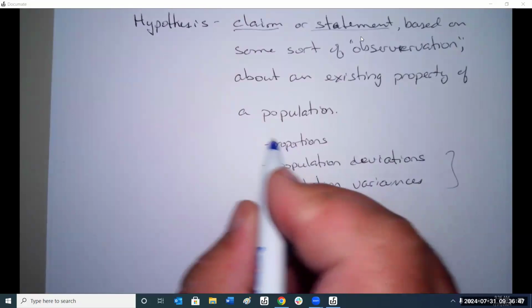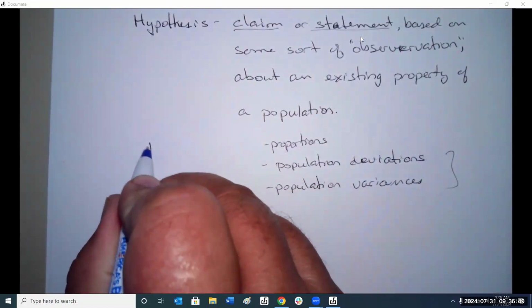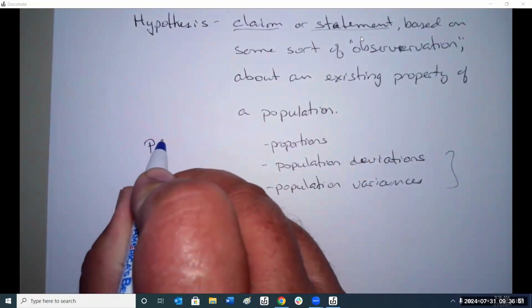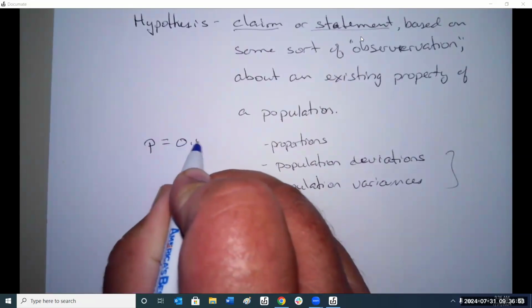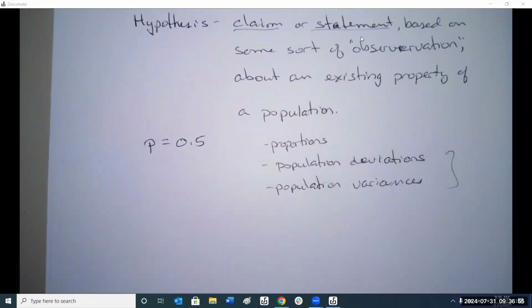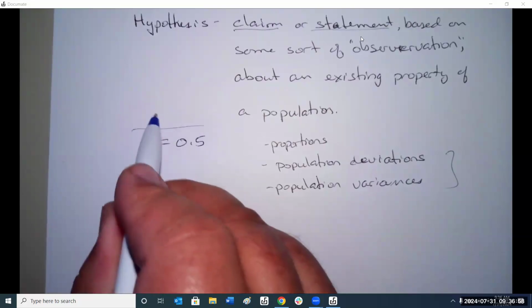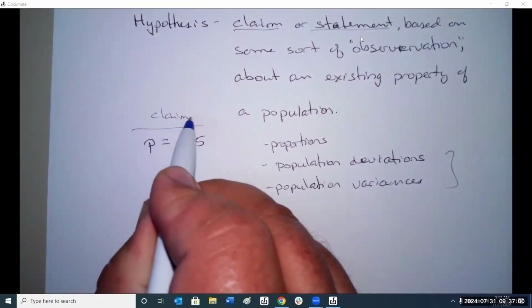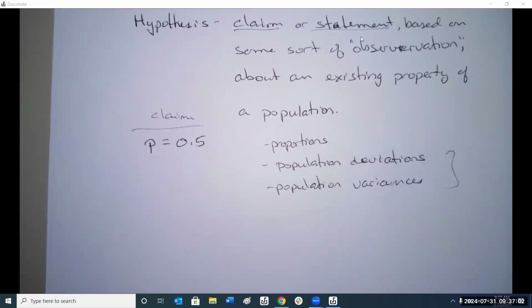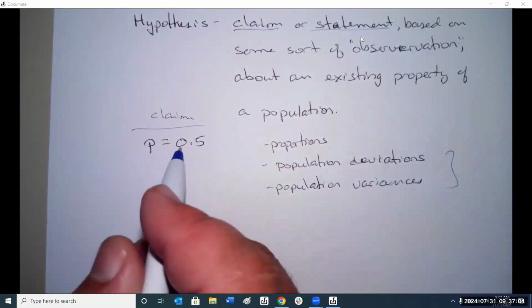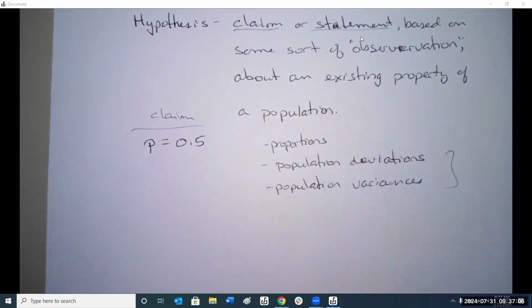So a proportion could be equal to a half. Remember, this is our claim. Proportions deal with P, and so we're saying that we notice that happens 50% of the time.